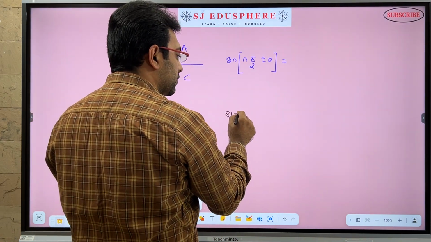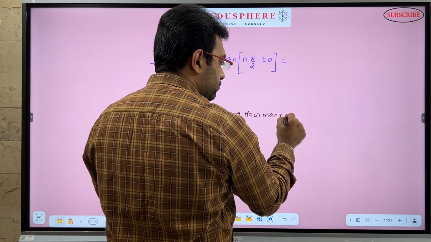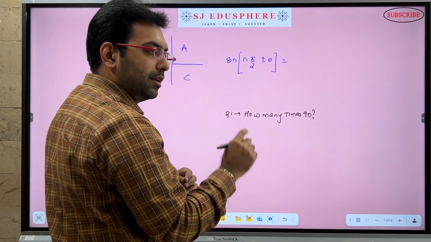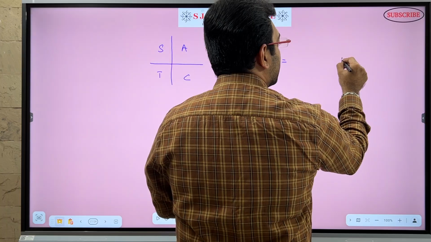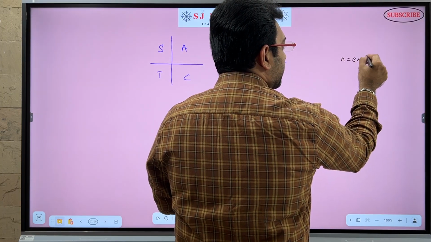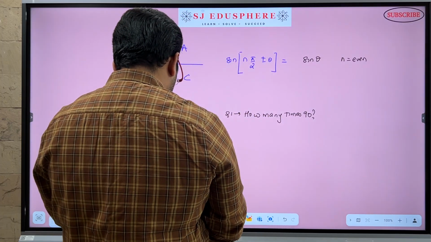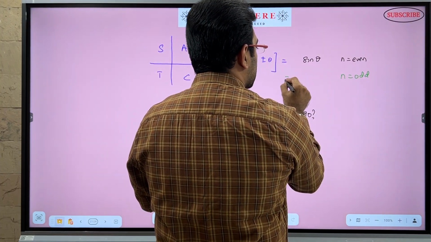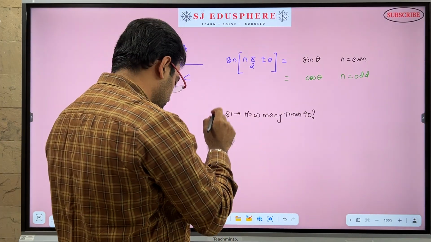Question 1, how many times 90? If your answer is even times 90, if n is even, sine will remain sine. And if n is odd, sine will become complementary cos.